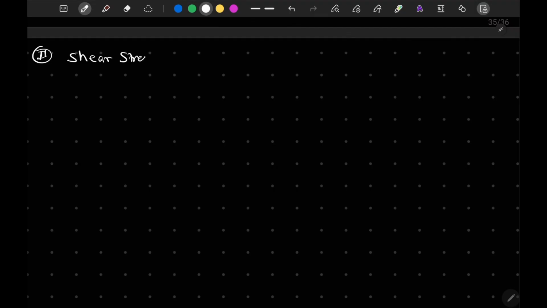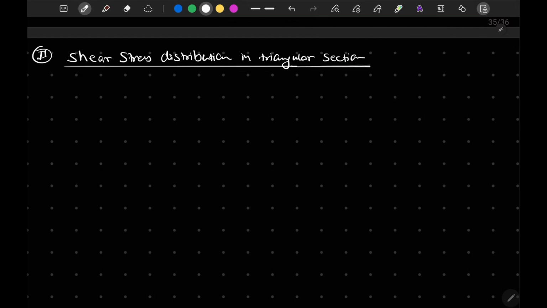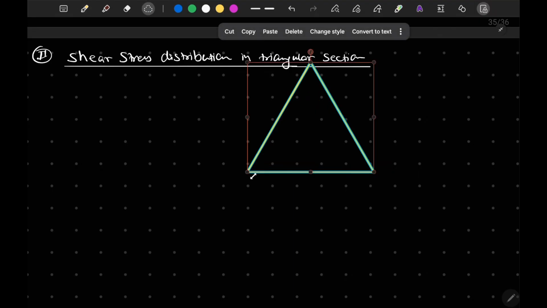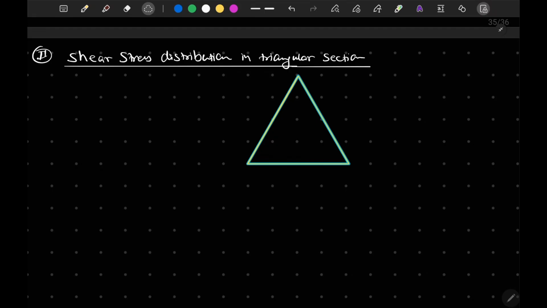So shear stress distribution in a triangular section. Okay, so let's consider a section that is triangular. Let me use this section here. So this section we will be considering for our study here.